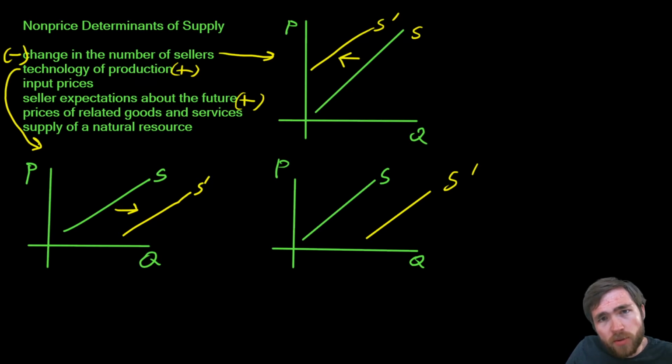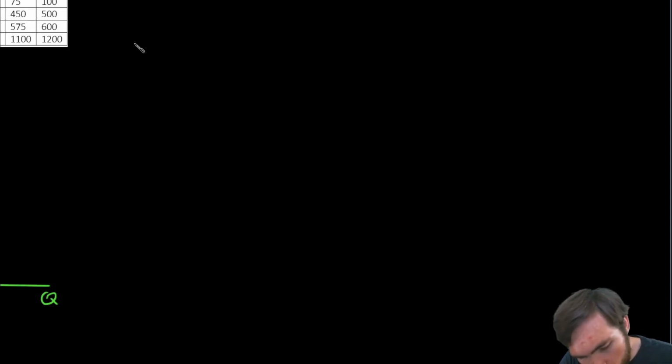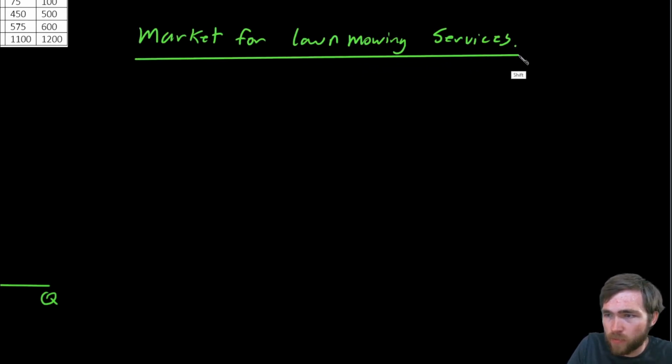Let's switch to a different market and think about how these curves would shift around in that scenario. So let's say that we've got a market for lawn mowing services. So let me go ahead and start. So let's consider a few things that could happen in this market.